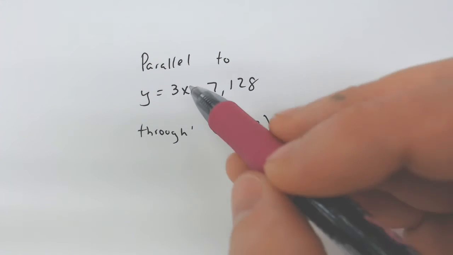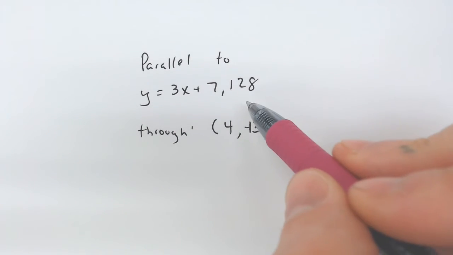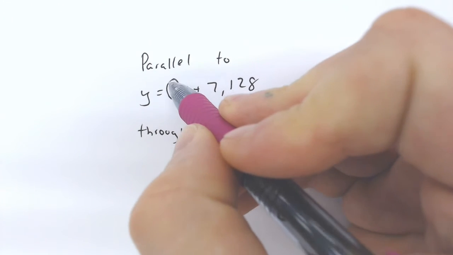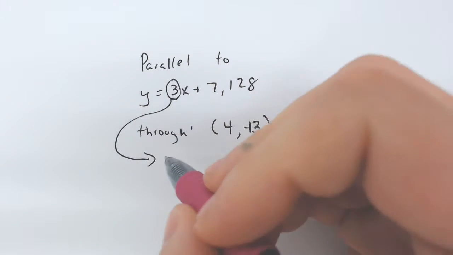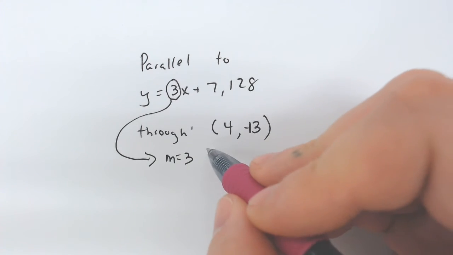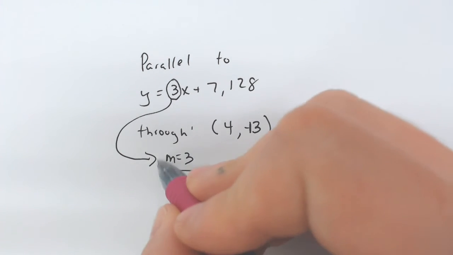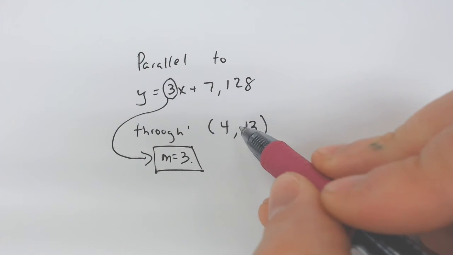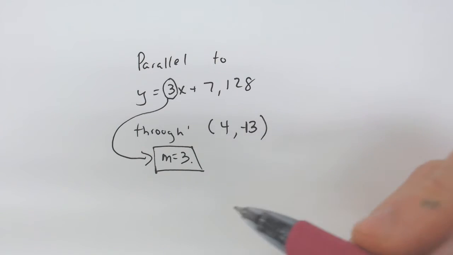So you have a slope given to you in disguise. If it is parallel to this line, then you just need to say, oh, wait a minute, it needs to be parallel, and that slope is equal to 3. If it is parallel, my slope is going to also equal 3 because parallel lines have the same slope. So we have a slope and a point, or a point and a slope.